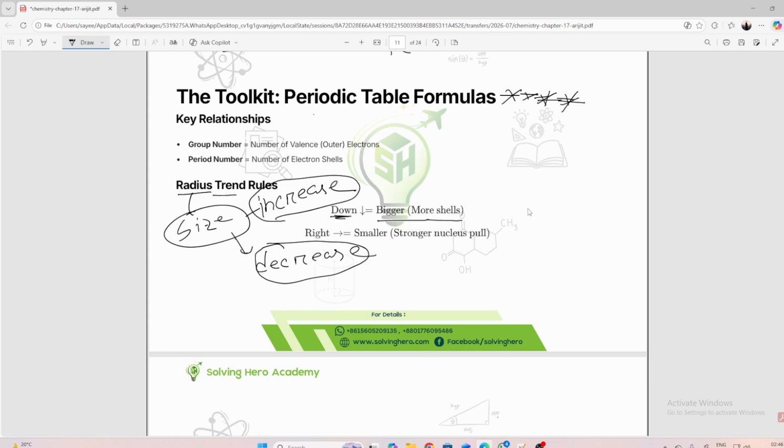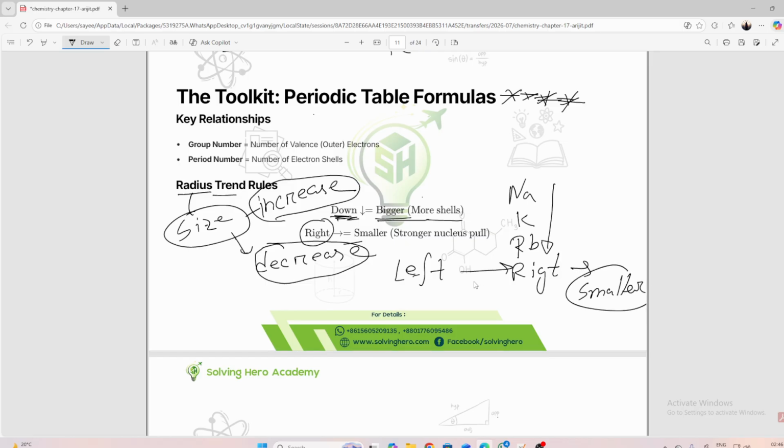If you go down, sodium, potassium, rubidium, the size gets bigger. And if you go more to the right, the size will be smaller.